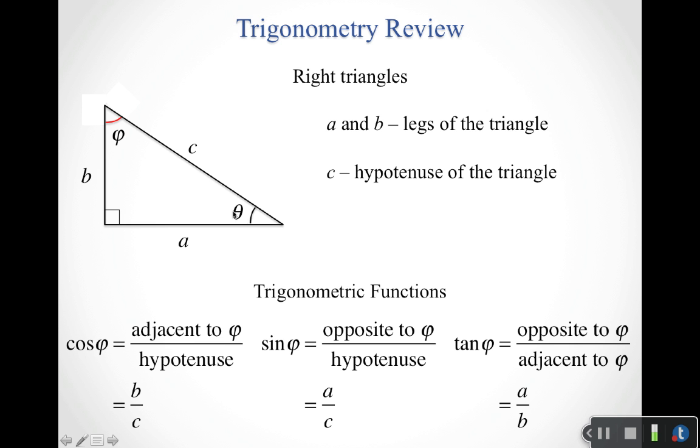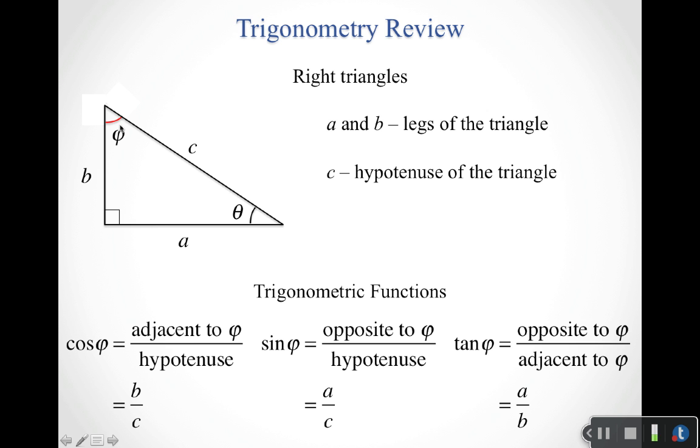One is the cosine of phi is exactly the same as the sine of theta. And the sine of phi is exactly the same as the cosine of theta. So basically by choosing the other angle, I've switched the sine and the cosine. The other thing is with the tangent, this flips over. The tangent of theta was B over A. The tangent of phi is A over B.